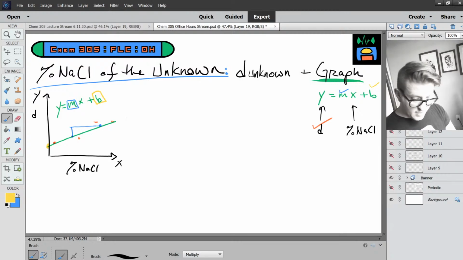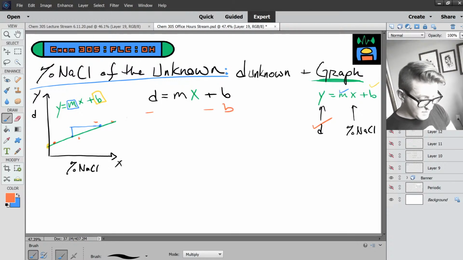Because we plug in the density for y, which is equal to mx, where x is your percent sodium chloride, plus b. So we start by subtracting b from both sides.